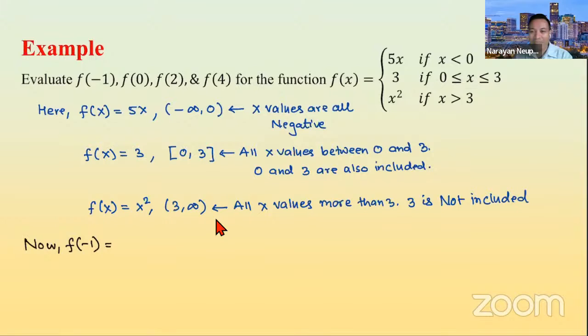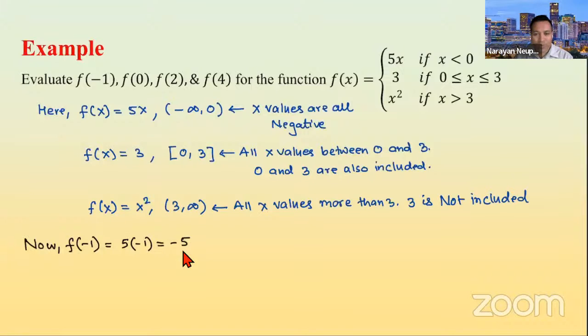What do you think, Vidya? First one. The first interval, that's right, because in the first interval, x values are all negative. So we plug in -1 into the first function. That will be 5 times -1, which is equal to -5. So the value of the function at -1 is -5. Okay.